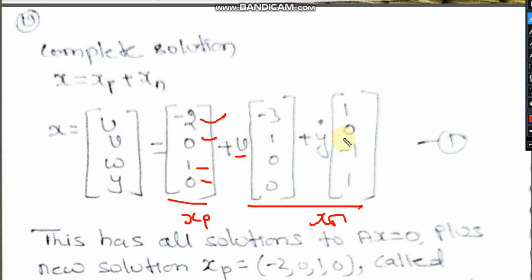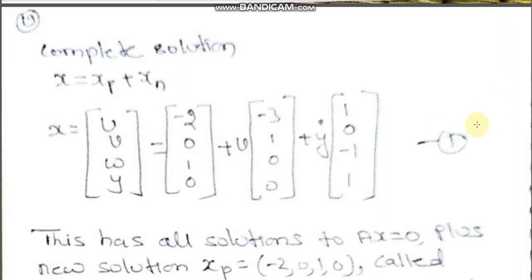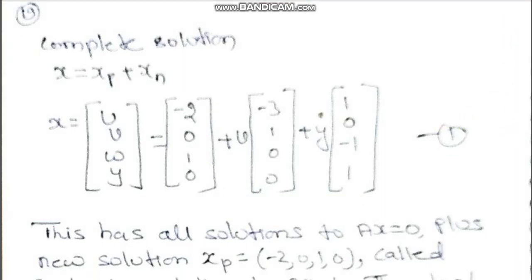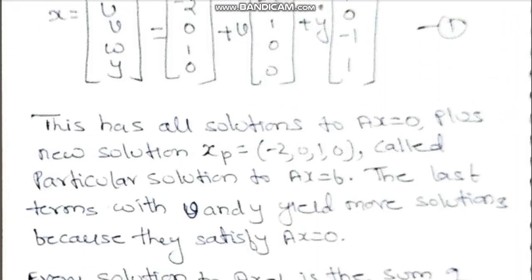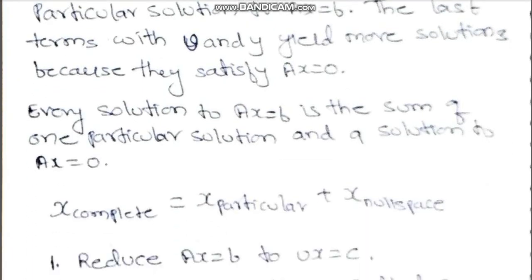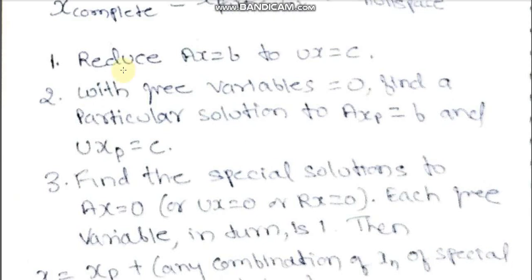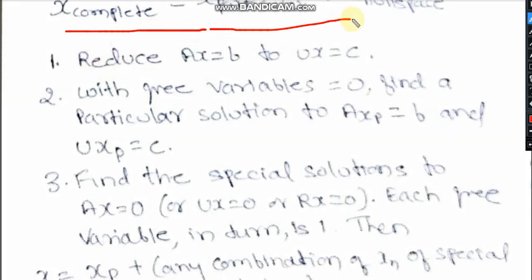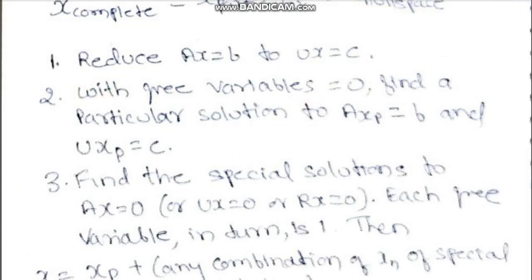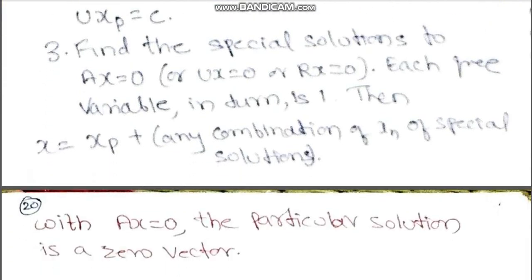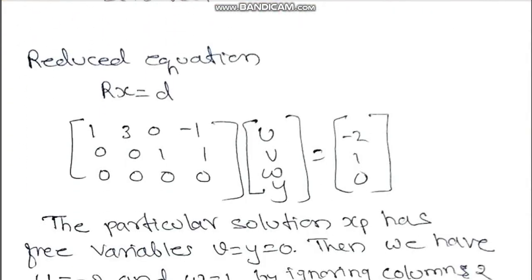When v is 0, y should be 1, and when y is 1, v should be 0. So this is how you write a particular solution and this null space solution, that we call the complete solution. The complete solution is the particular solution plus the null space solution. The same steps I have written here, showing how you write the combination.